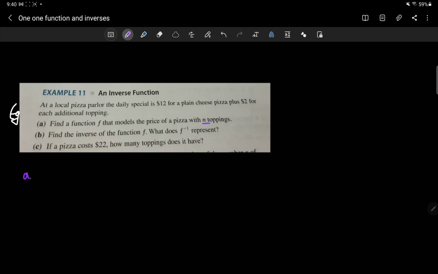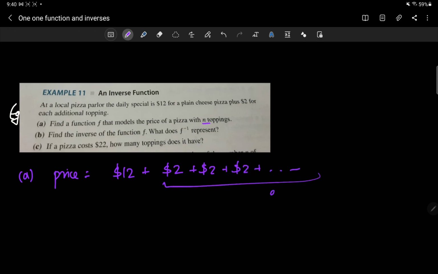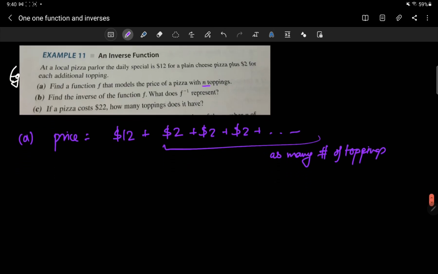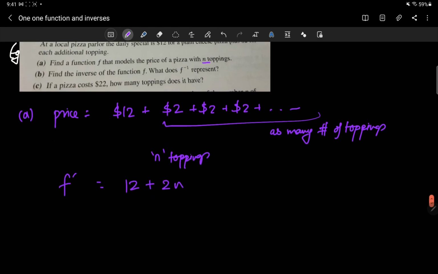So the price is going to be $12 plus $2 plus $2 plus $2 and so on, depending on the number of toppings. If we have n toppings, then the price is 12 plus 2n. So that becomes my price function, but instead of x, we're going to use n because it depends on this variable n.